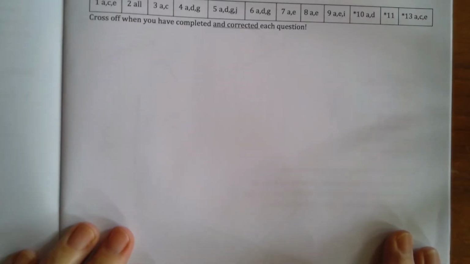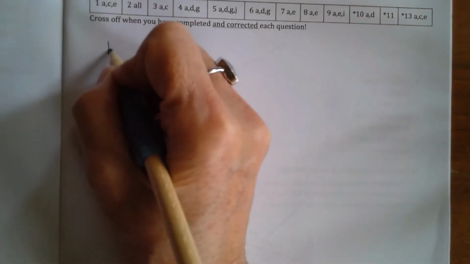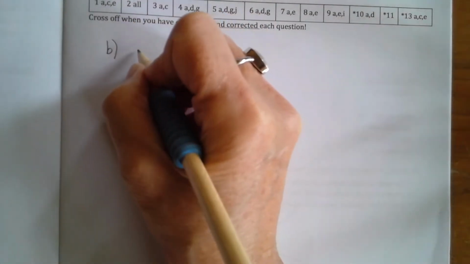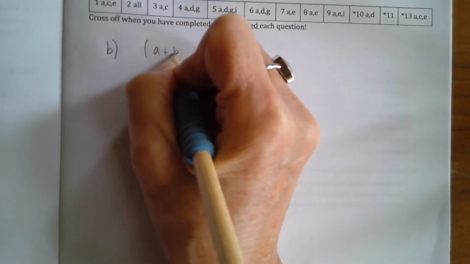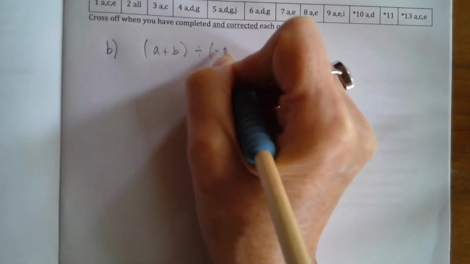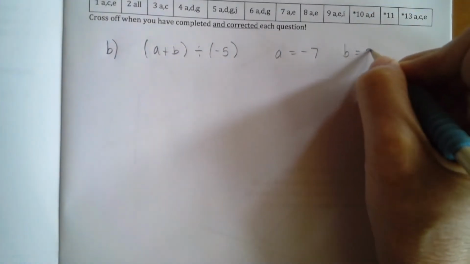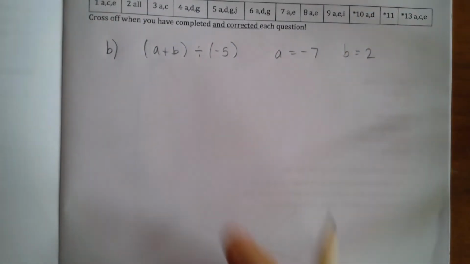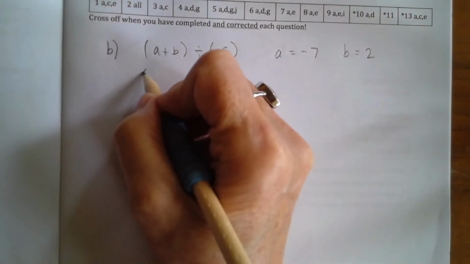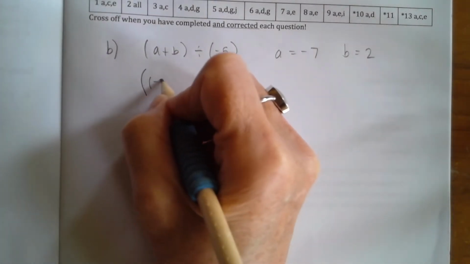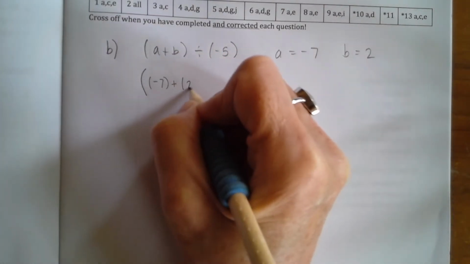All right, I'm going to do the next problem over on this page. You have it written down in front of you in your booklet. It's B, and it's bracket A plus B divided by negative 5, where A is negative 7 and B is 2. Okay, here we go. The A and the B have to go in brackets. So I'm going to put my bracket there, and I'm going to go negative 7 plus 2.